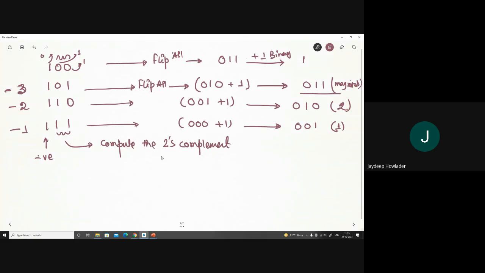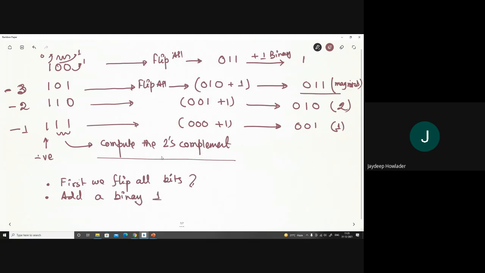Okay. So the computation of 2's complement is basically: first we flip all bits, then add a binary 1.